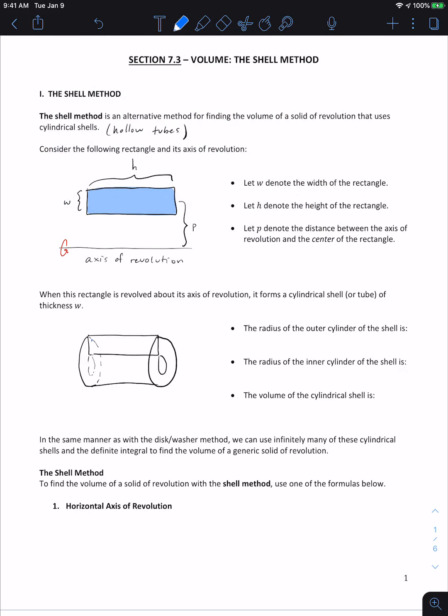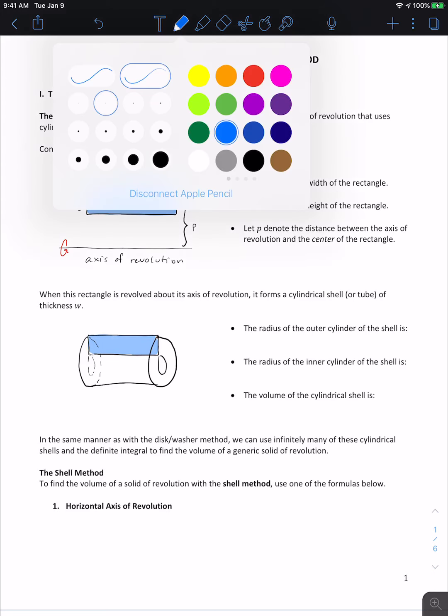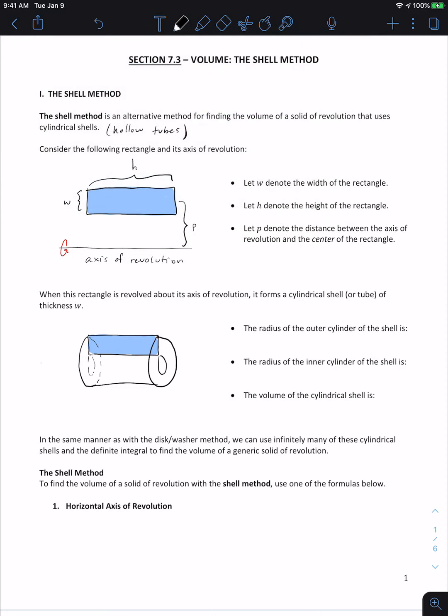This is our original rectangle that I have revolved around the axis of revolution here. This was our axis of revolution, and I get a tube. How thick is that tube? Well, the tube has a thickness W, and it has a length H.